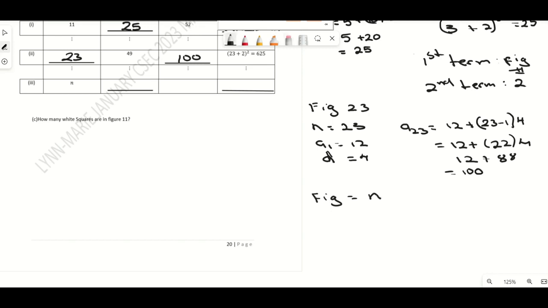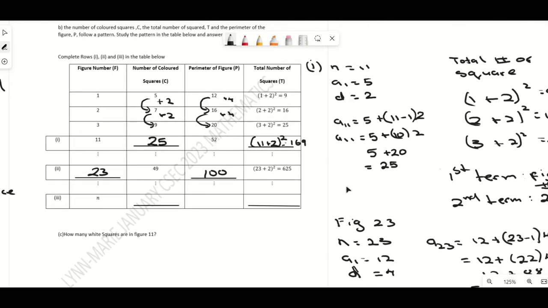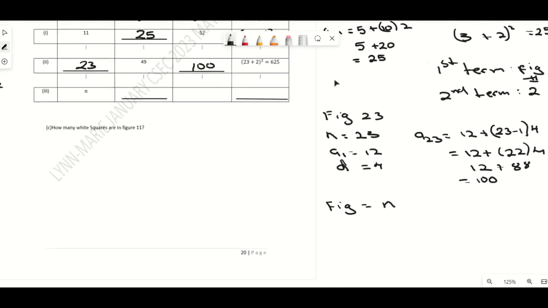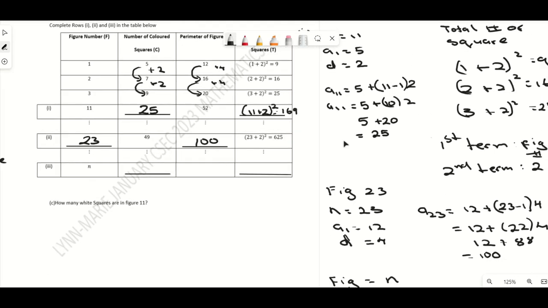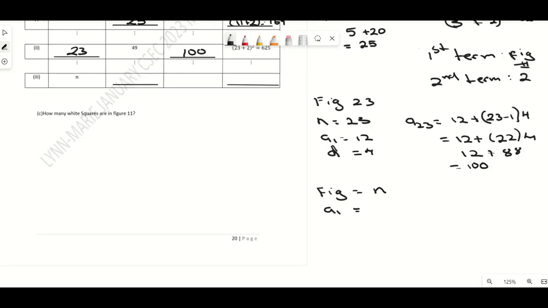So for my number of colored squares, figure number is n, A1 is equal to 5.